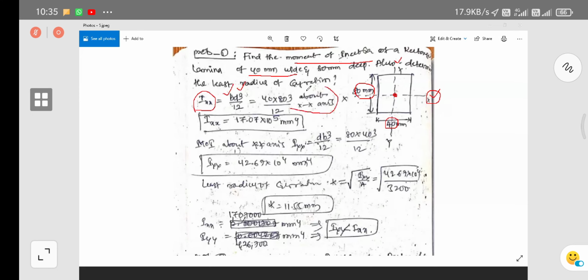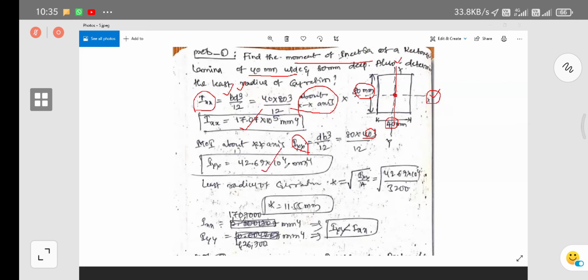You get the central moment of inertia as this much. Now the moment of inertia about the y axis, the y central axis, is d b cube by 12. d is your 80 mm and b is your 40. If you take the cube divided by 12, you get 42.67 into 10 power 4.